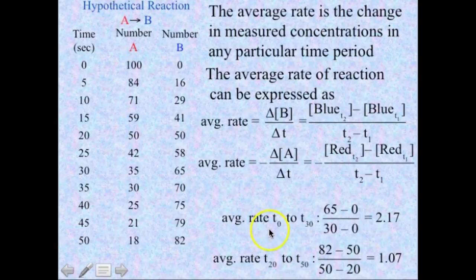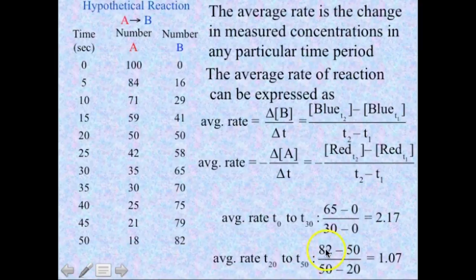The average rate from time 0 to time 30 for the blue particles would be 65 minus 0, and the time would be 30 minus 0, which would be an average rate of 2.17. And for the last 30 seconds, again focusing on the blue particles, average rate for the last 30 seconds is going to be the concentration or the numbers of particles at time 20 and time 50.